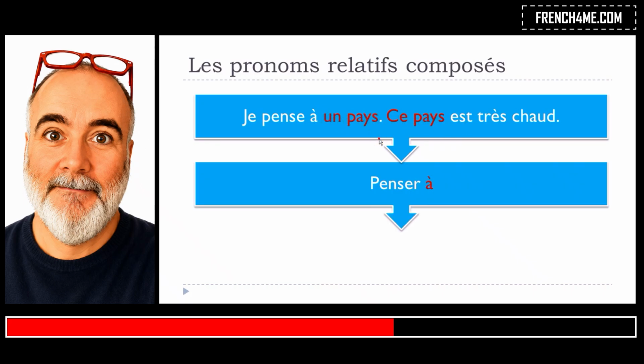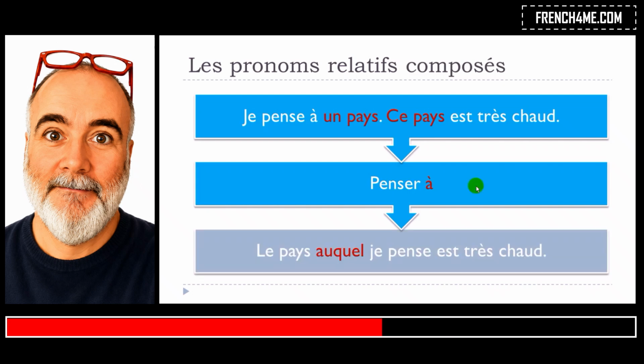It's the same: we've got penser constructed with à here, so we will have to combine à and lequel, and this is the scenario when it changes a little bit.